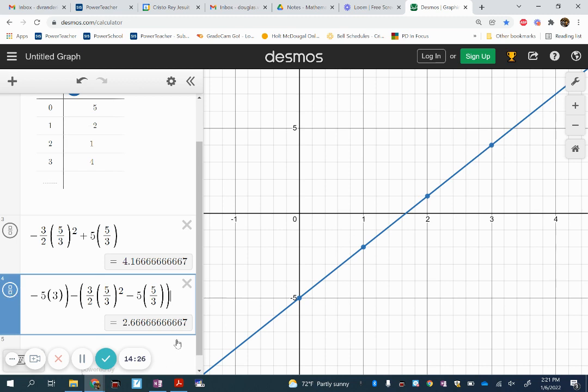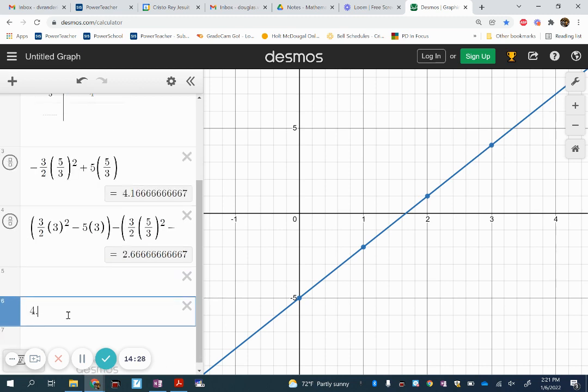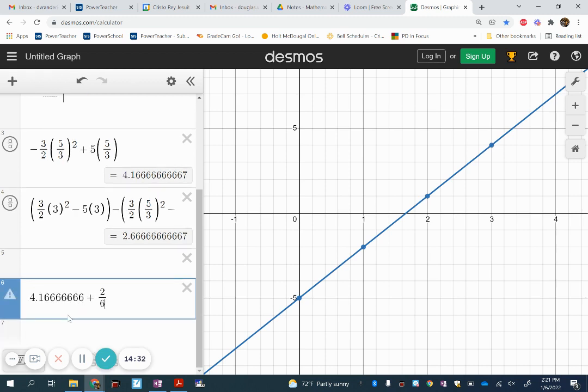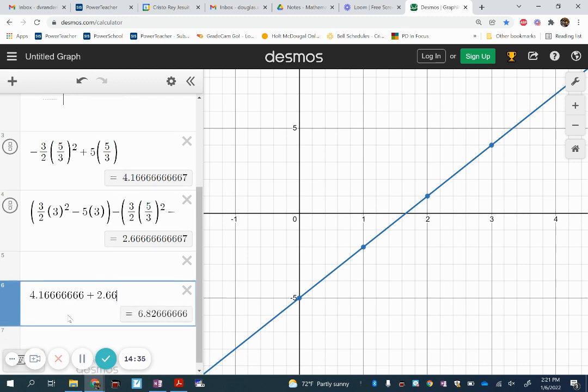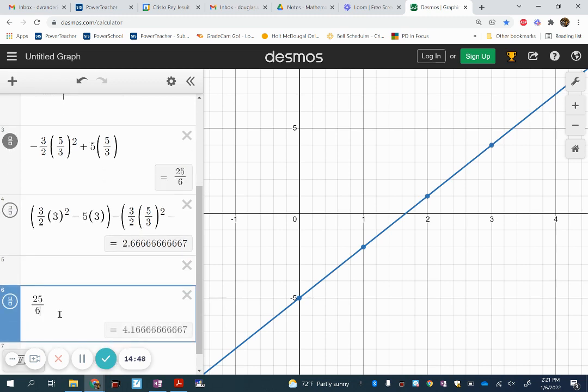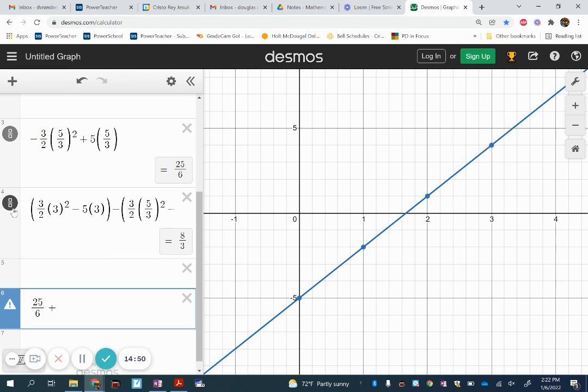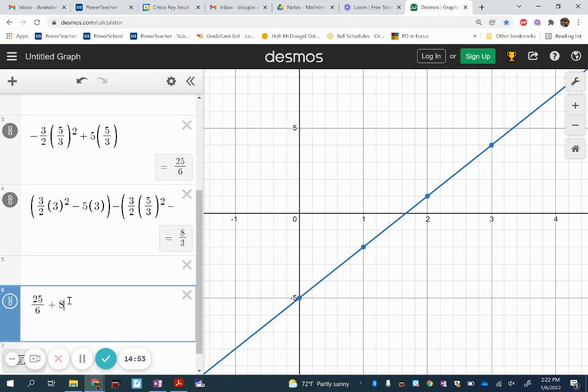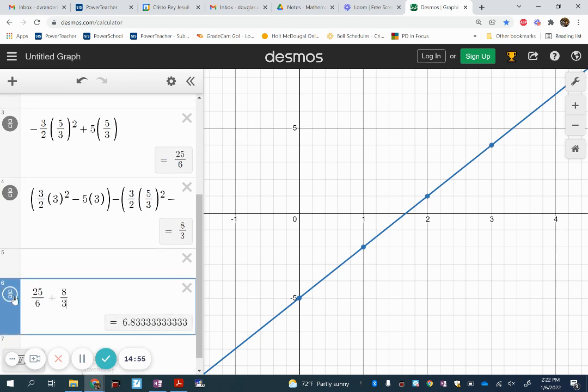So now if I add these two together, 4.16 repeating plus 2.6 repeating, you can see that I get approximately 6.83 repeating. If you wanted, we can actually get the fraction. So 25/6 plus 8/3, and that's 41/6.